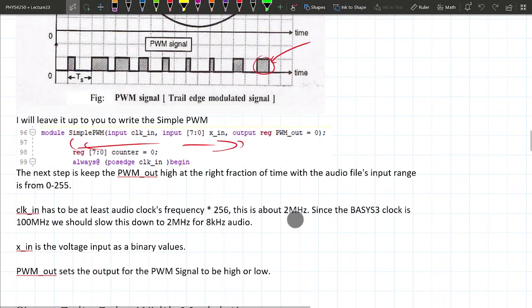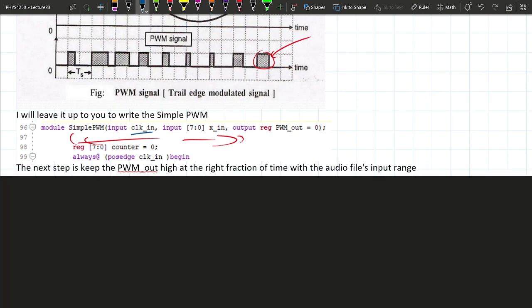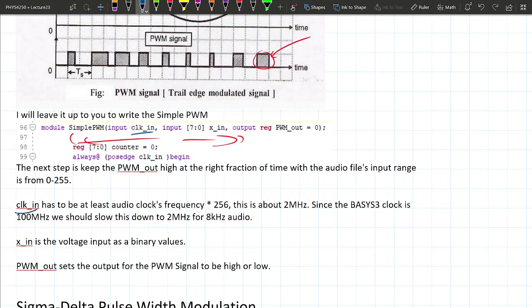So let's walk through what the inputs are with the sigma delta. You have some clock, and this clock has to be whatever the audio frequency is, in our lab 4 kilohertz, times 2 to the number of bits.